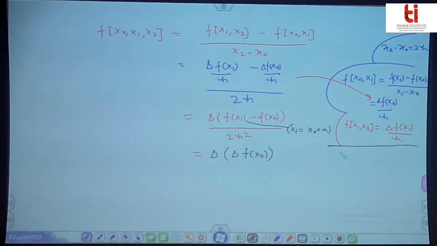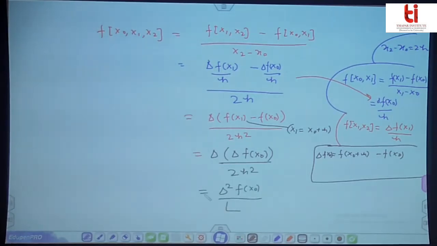We have assumed that f of x0 plus h minus f of x0 is equivalent to Δf(x0), upon 2h square, Δ square f(x0) upon 2, which can be written as factorial 2, doesn't matter, h square. So this is the value of f[x0, x1, x2].